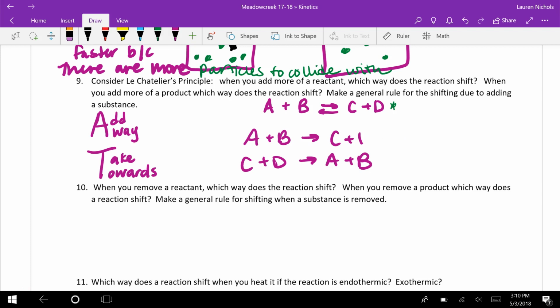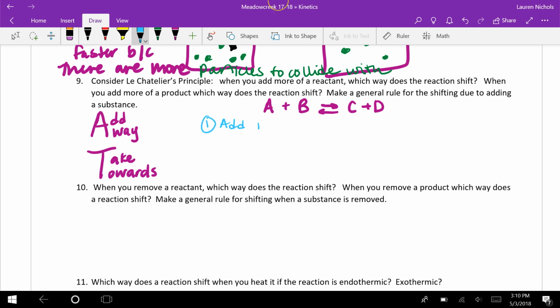Okay, so I just wanted to go through that real quick. So if we have this reaction, let's say we add more of the reactant. So number 1, add reactant.